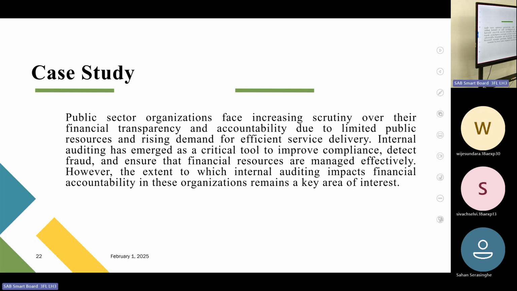You just read the case and then identify a topic for it. You discuss and share your ideas.